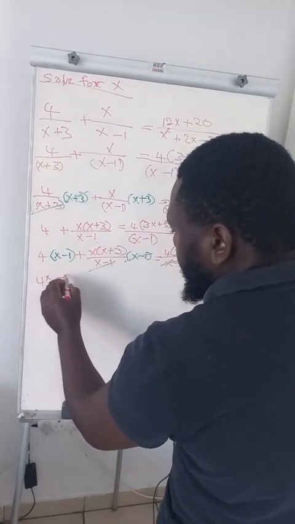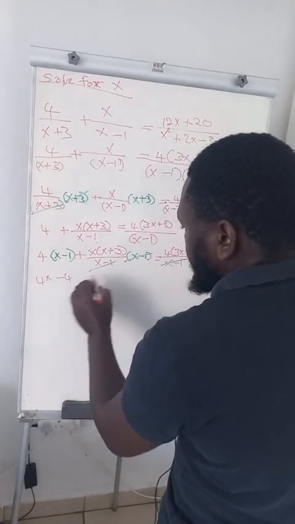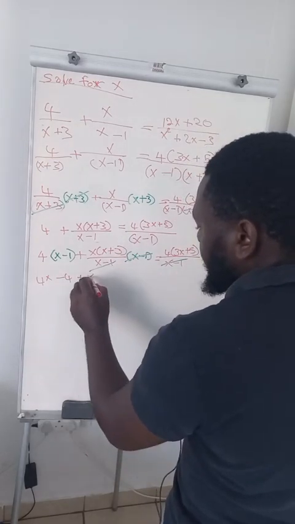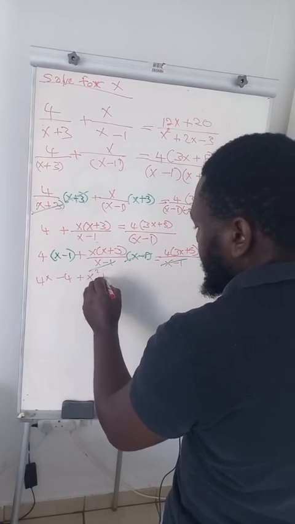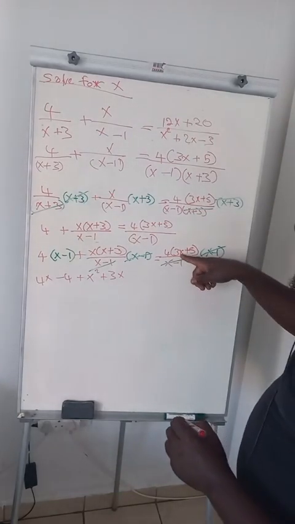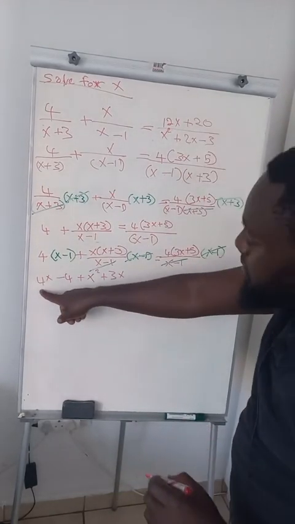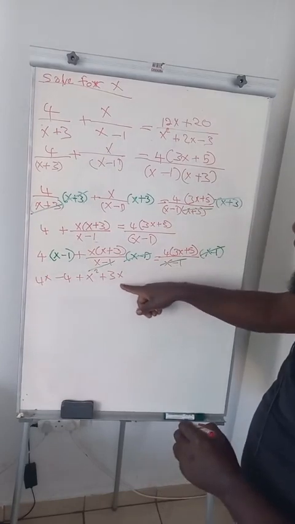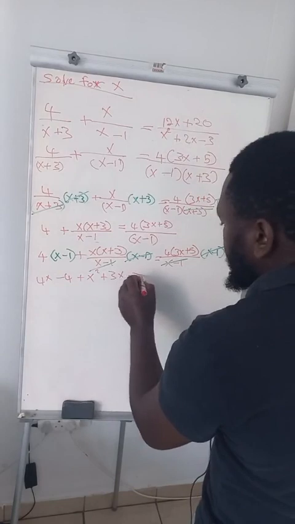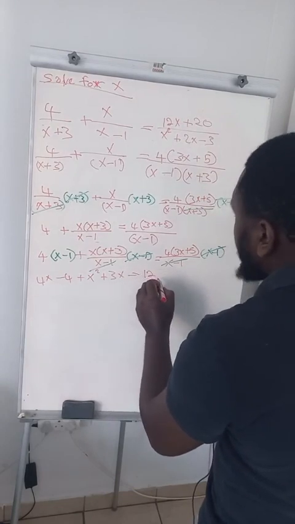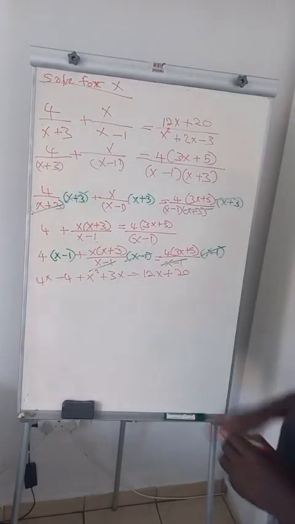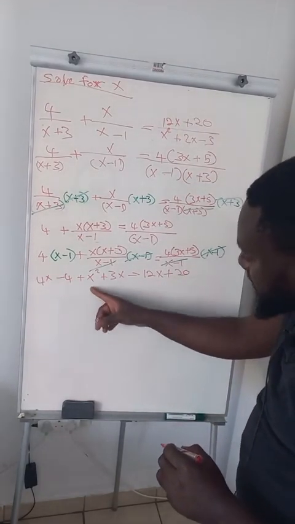So now you'll be left with 4x minus 4, and then on top there you'll just be left with plus. If we multiply there, we'll have x squared plus 3x. Now let's rewrite this so that it can match with this, so that it is easy for us to add and subtract. So it equals 12x plus 20. Now let's bring this to the left hand side.